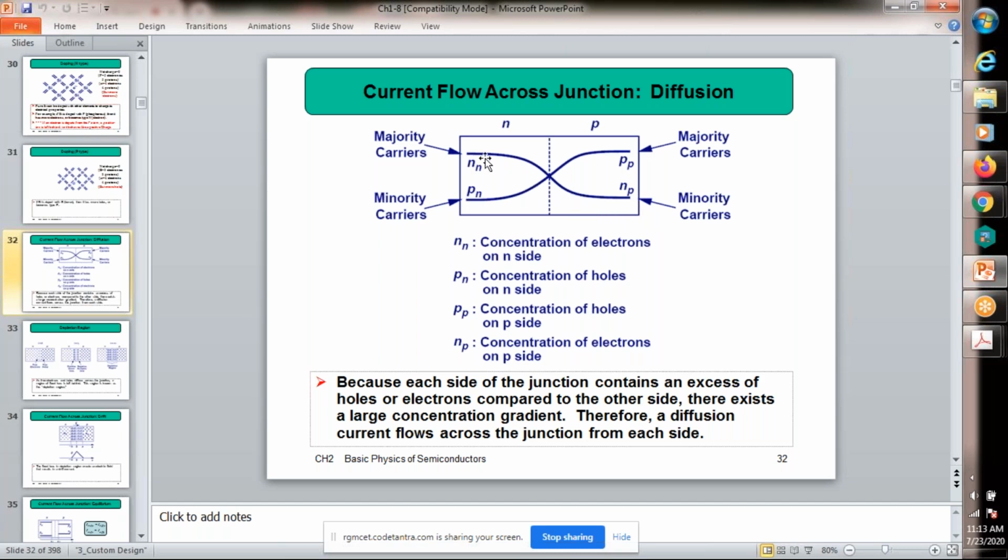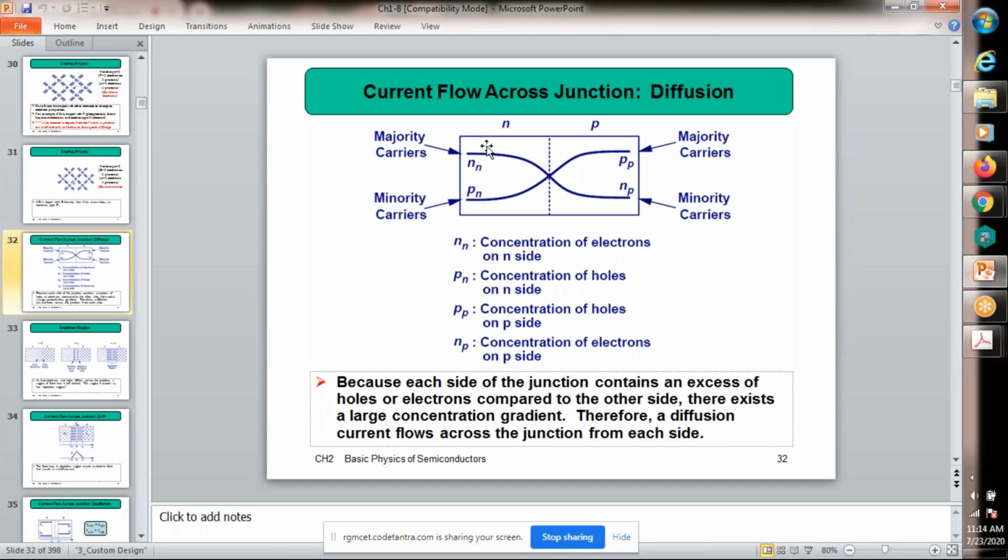Whenever we join the n-type material and p-type material, either the left side is p or n. Here we consider the left side n and the right side p-type. Now what happens due to the concentration gradient: charge carriers always travel from high concentration to low concentration.